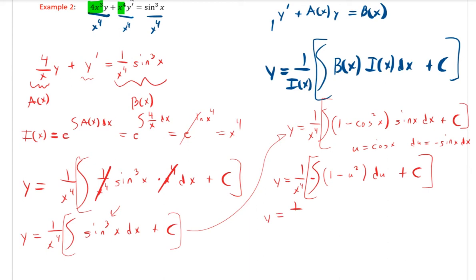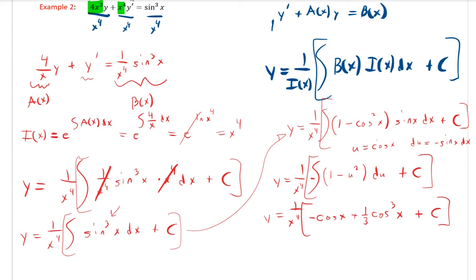So y equals 1 over x to the fourth times negative, this 1 is going to turn into a u, or a cosine. That minus and that minus will cancel out, so I get plus 1/3 u cubed, u being cosine, so that's cosine cubed x, plus my constant.